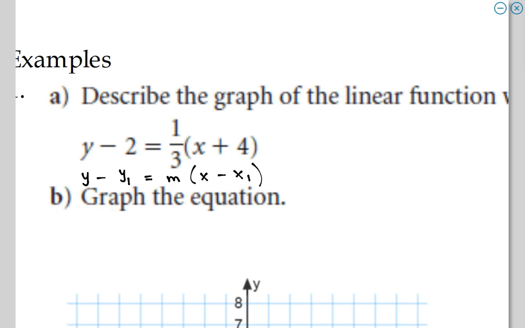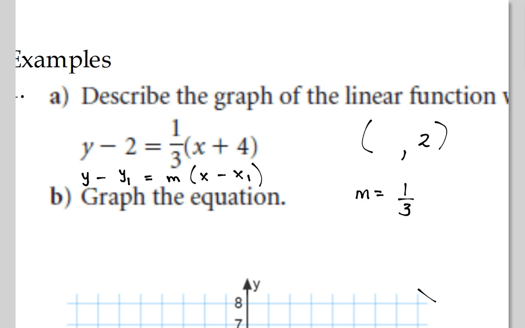So which point have we used? Okay, let's start from left to right. We put y take away 2, and the formula is y take away y1. So what must y1 be? Exactly, 2. Good. Now the slope m is exactly 1/3. You can see it lines up right underneath it.